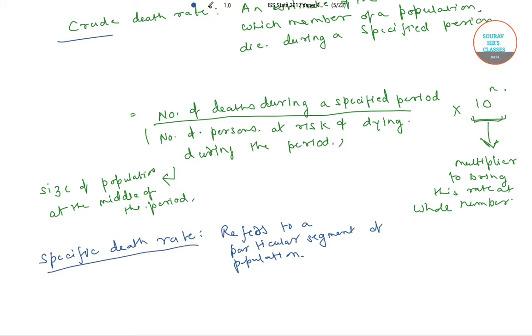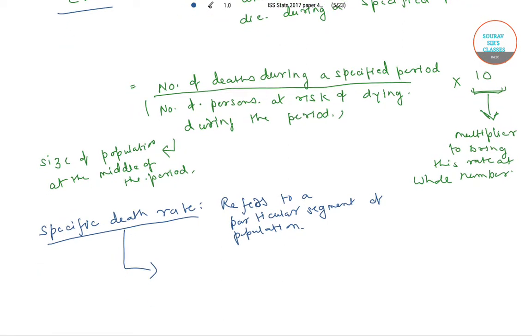The specific death rate focuses its attention on a more homogeneous group within the total population.